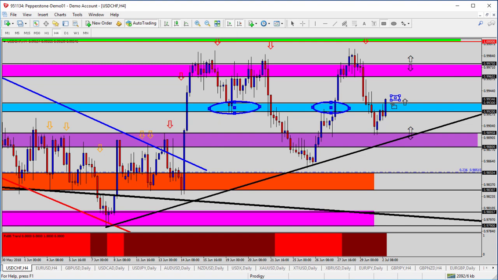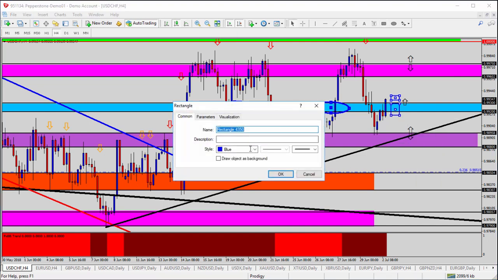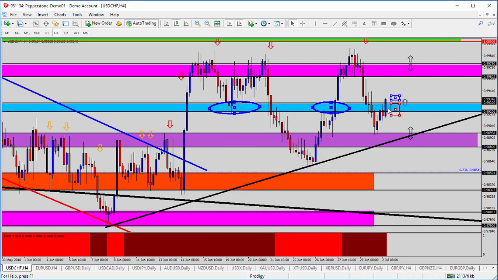If the market were to suddenly turn back around and get back under the blue zone, of course, that increases my confidence that it is going to go back down to the purple zone. So we're watching this hinge point, this blue shaded area. Above it, we'll expect a little bit higher for the dollar franc today. Below it, we go back down to the lows for the USDCHF today.